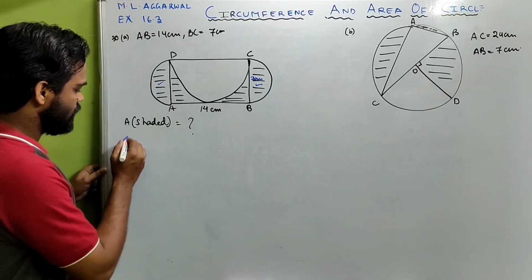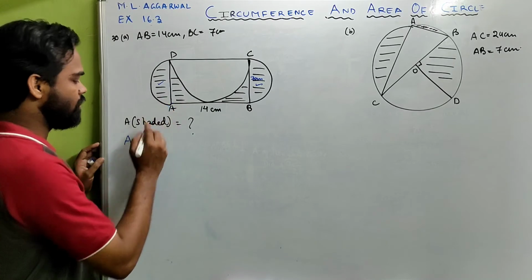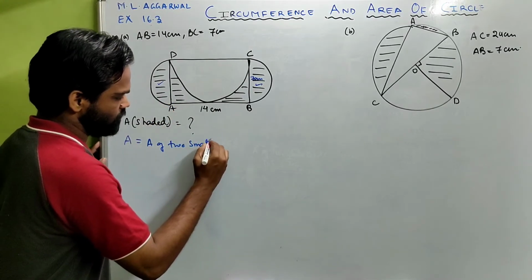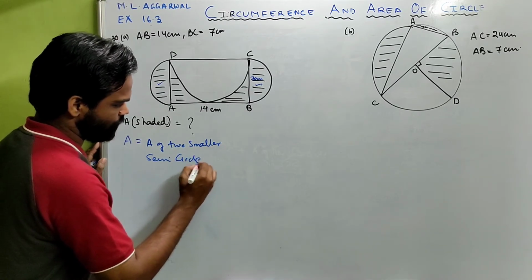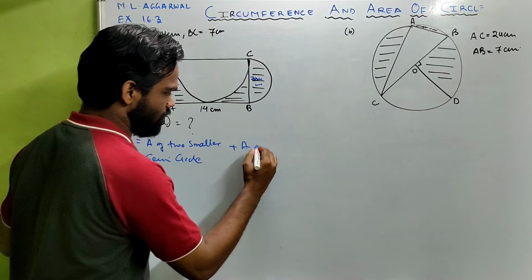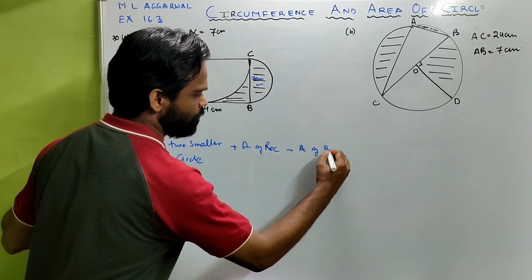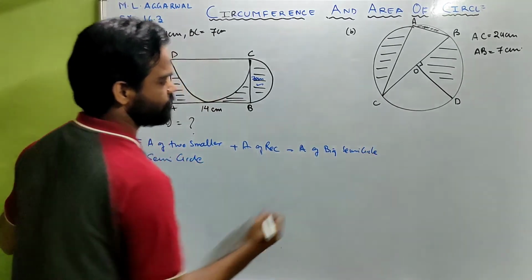Now look, area of the shaded region I can write that is equal to area of two smaller semicircles plus area of rectangle minus area of big semicircle, isn't it? If you look carefully.